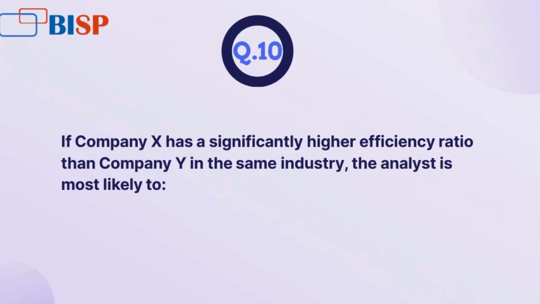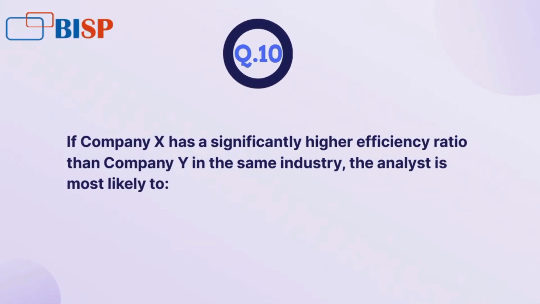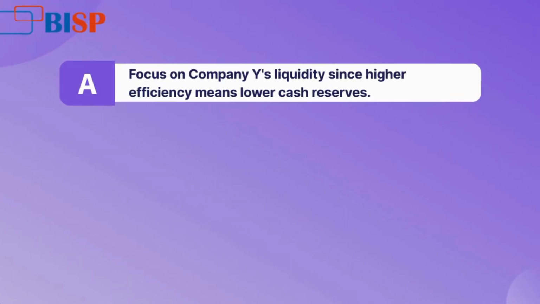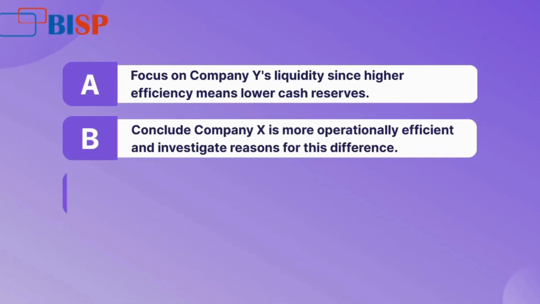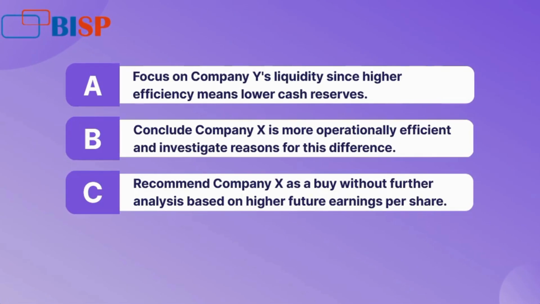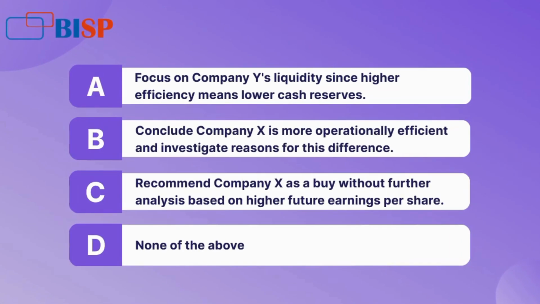If Company X has a significantly higher efficiency ratio than Company Y in the same industry, the analyst is most likely to A. Focus on Company Y's liquidity since higher efficiency means lower cash reserves. B. Conclude Company X is more operationally efficient and investigate reasons for this difference.